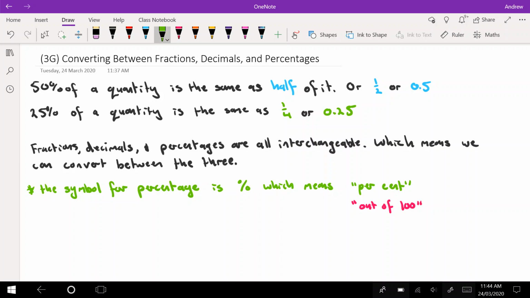So we're going to need to know how to convert between all of these, okay? So first thing we do is convert from a percentage to a fraction. So to convert a percentage to a fraction.